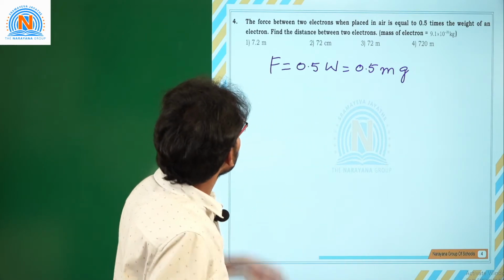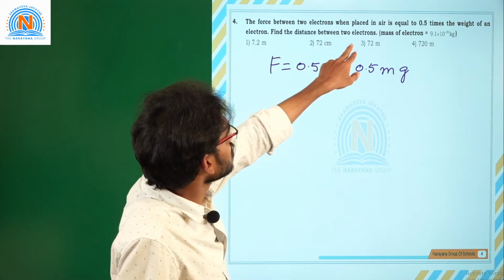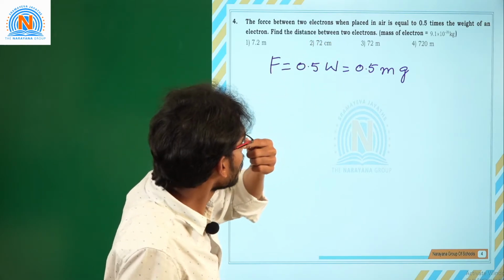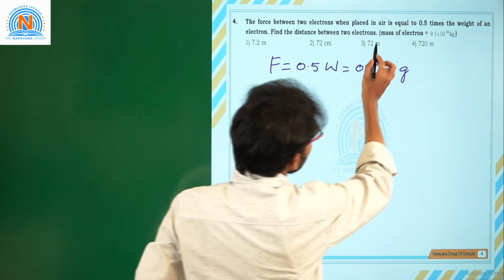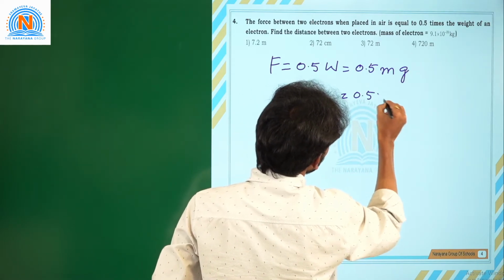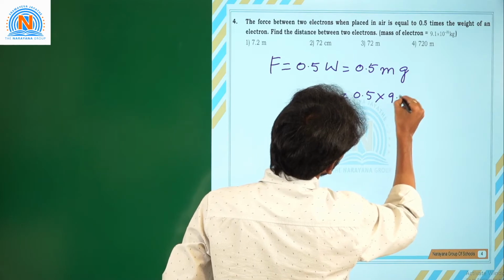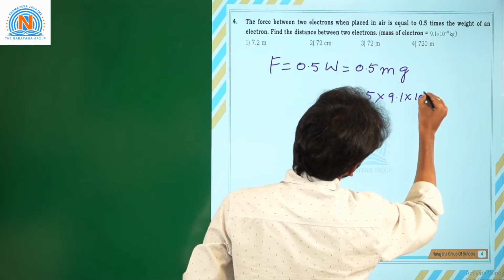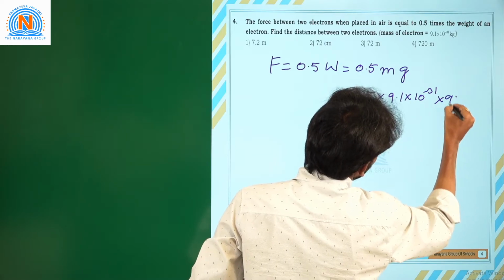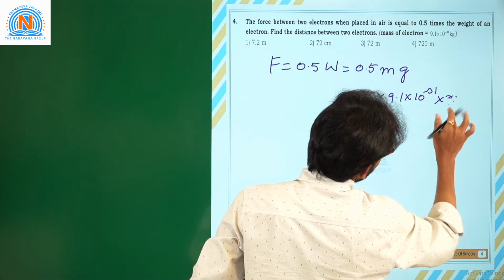And it is asking to find the distance between the two electrons. The mass of the electron is given, so F is 0.5 into m, with the value 9.1 into 10 to the power of minus 31, into g, which we can take approximately as 10.